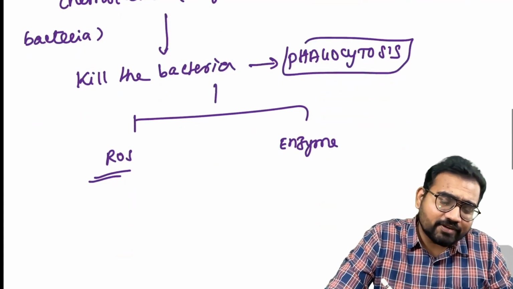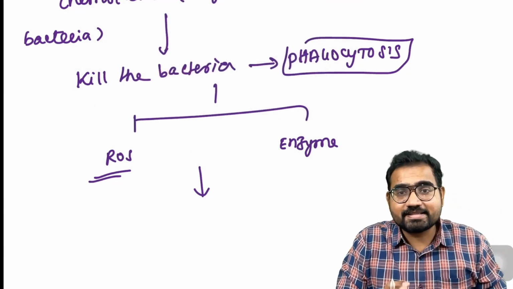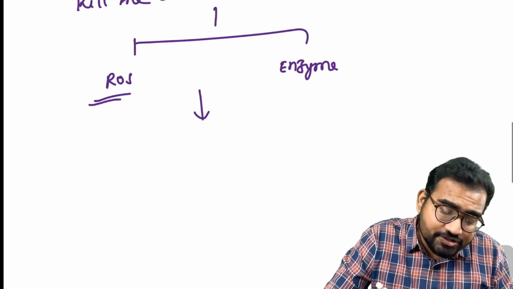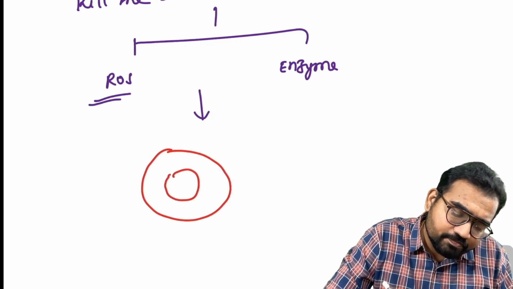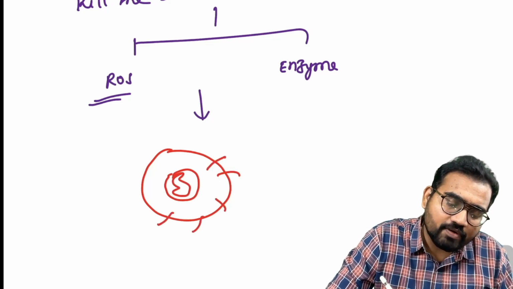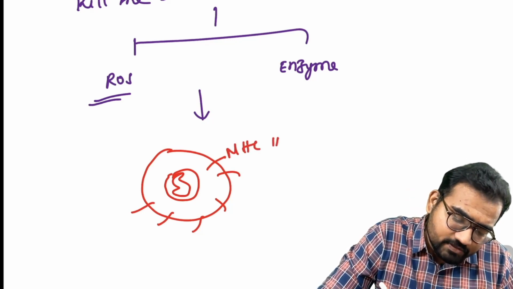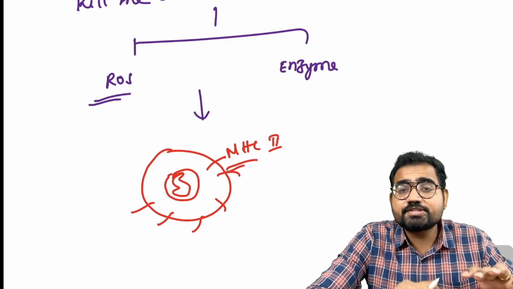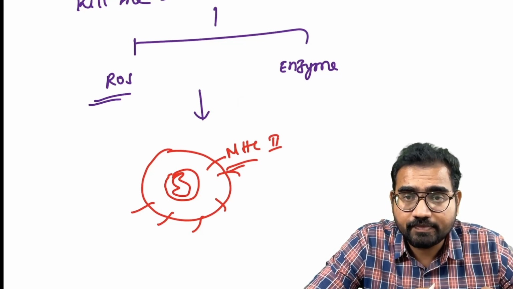And what happens after killing the bacteria? After the bacteria is killed, the neutrophils present the bacteria in the form of antigen via the MHC2 complex, major histocompatibility complex, HLA.